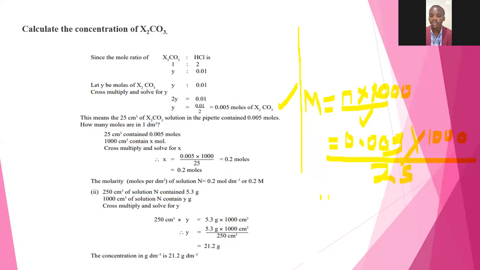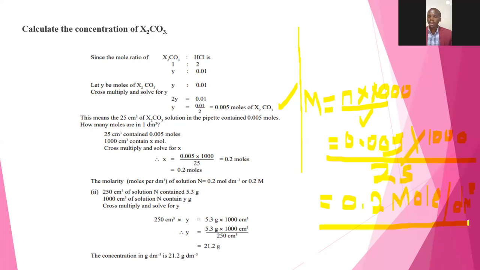Then from here, you will be able to get the molarity, which is 0.2 moles per liter, which is the same as moles per dm cubed. And we were told to get that at first.